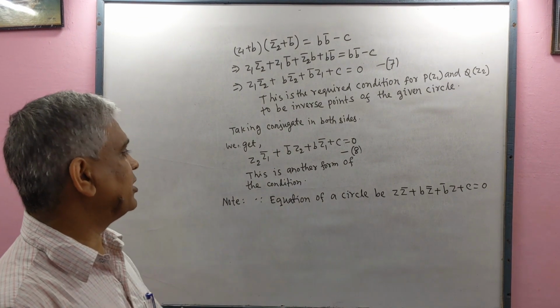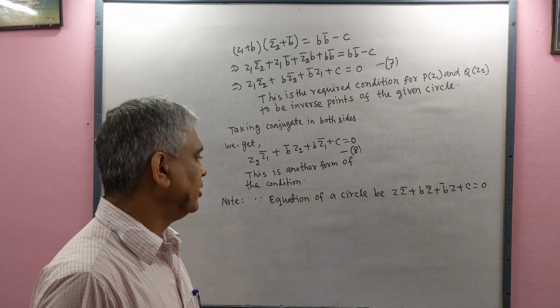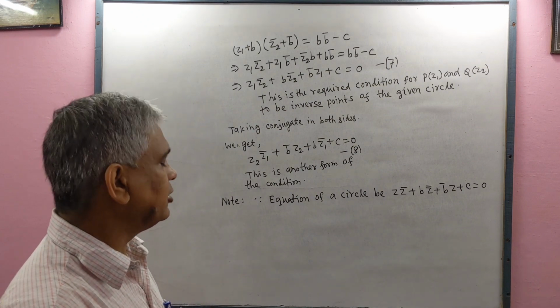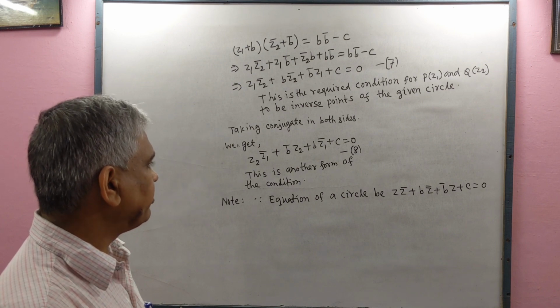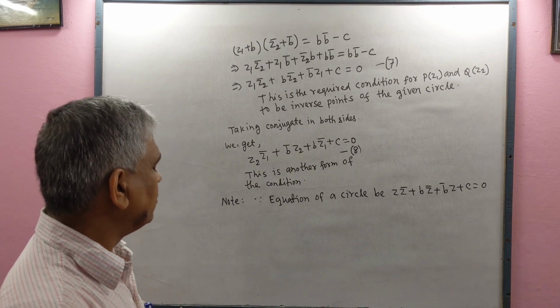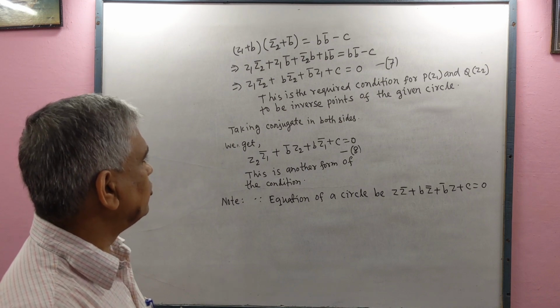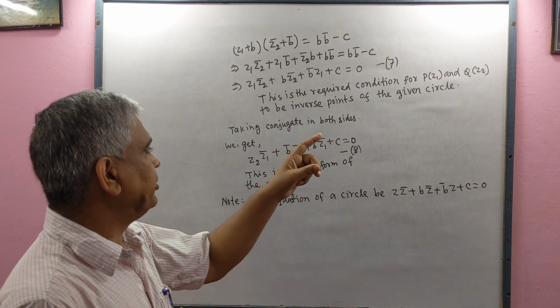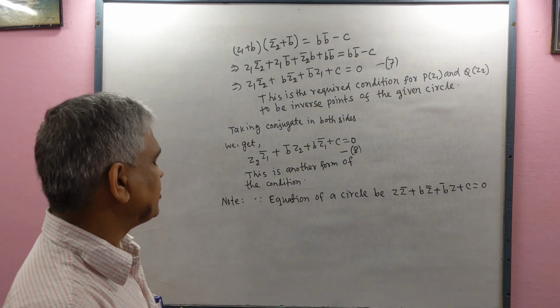Since the equation of the circle is Z Z bar plus B Z bar plus B bar Z plus C equal to 0, in short we have to remember how to find the condition for two points P(Z1) and Q(Z2) to be inverse points.